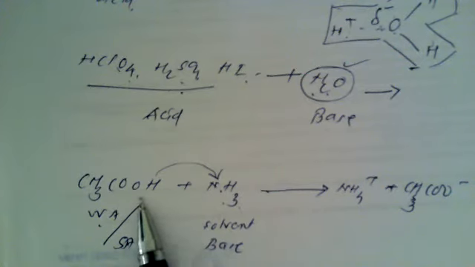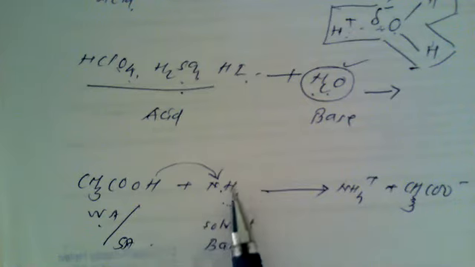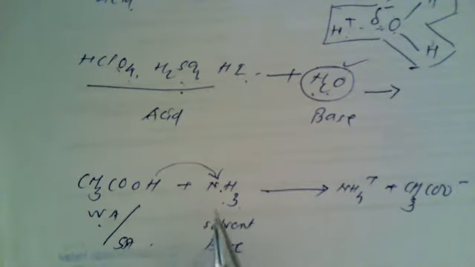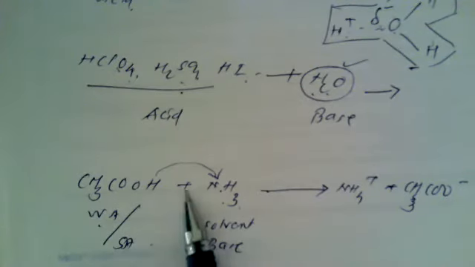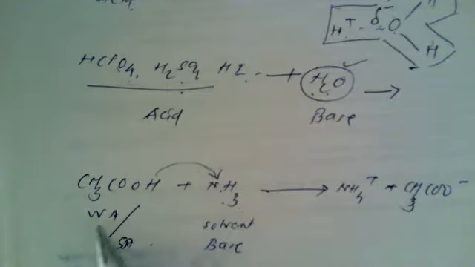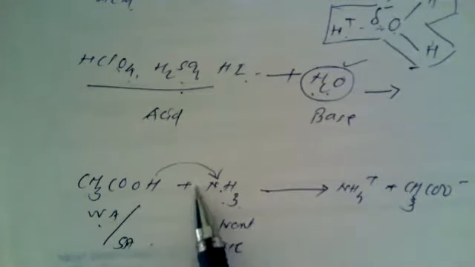Why? Because this solvent decides whether this acid is strong or weak, and this solvent forces acetic acid to furnish more and more H plus ions, and now in the presence of ammonia this acetic acid becomes a strong acid.